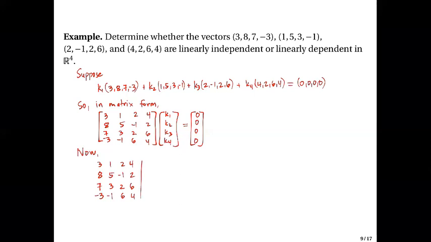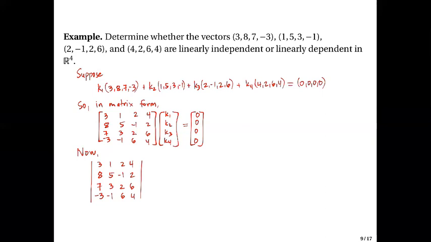So you want to compute the determinant, and you can use cofactor expansion. You can also reduce this using elementary row operations. Okay? And then check what the determinant is.